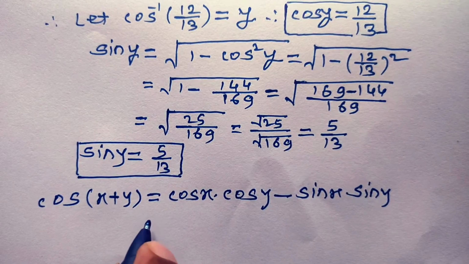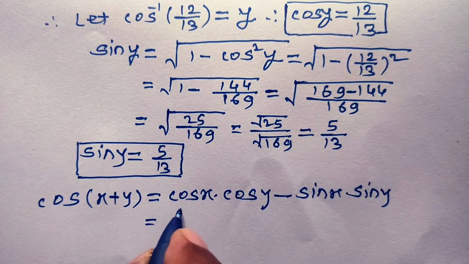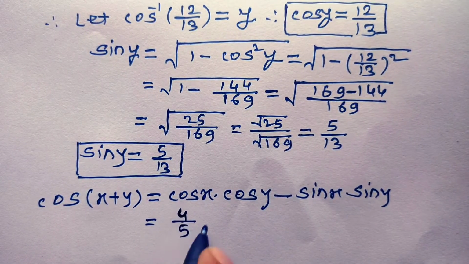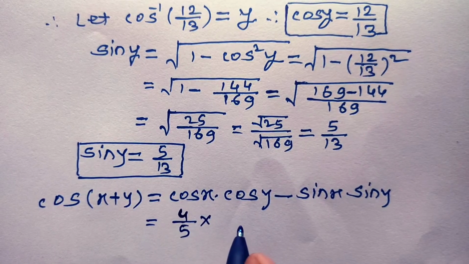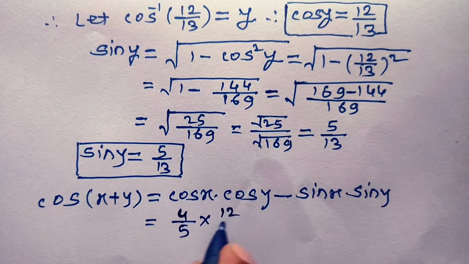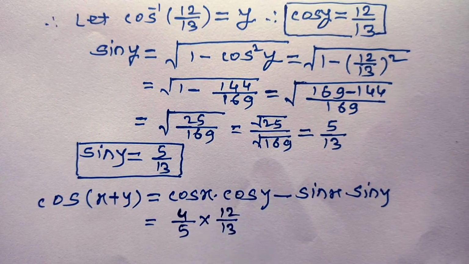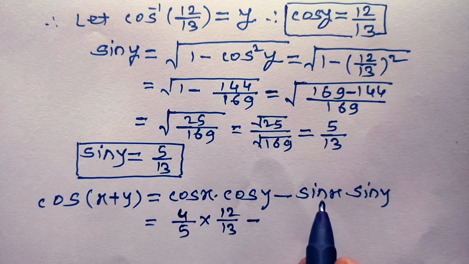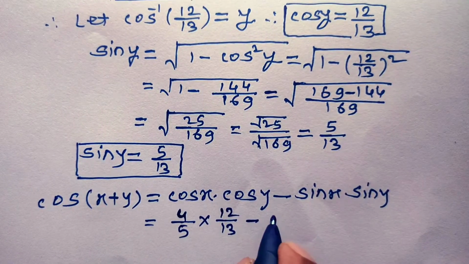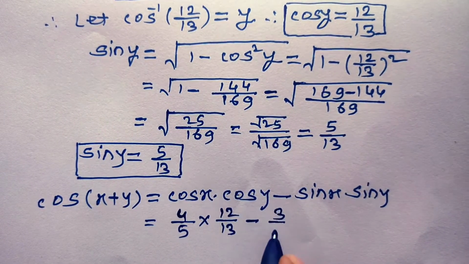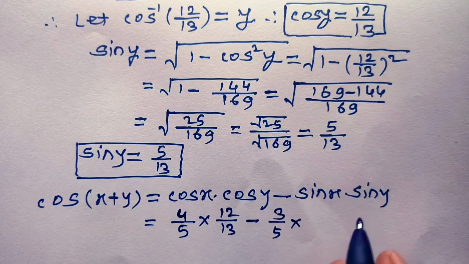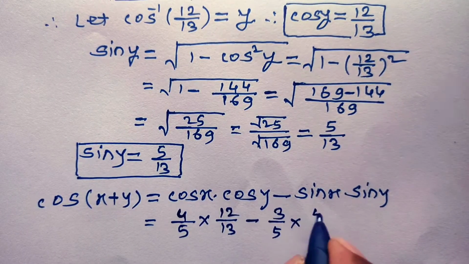But we know cos x is 4/5 into cos y is 12/13 minus sin x is 3/5 into sin y is 5/13.